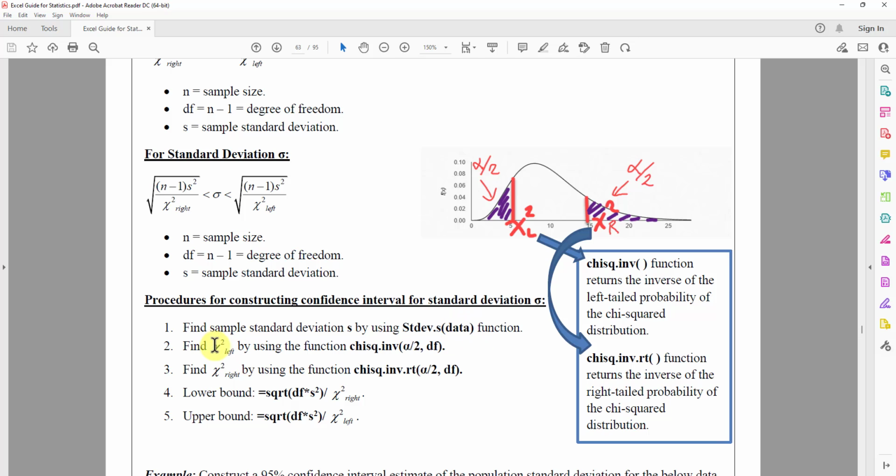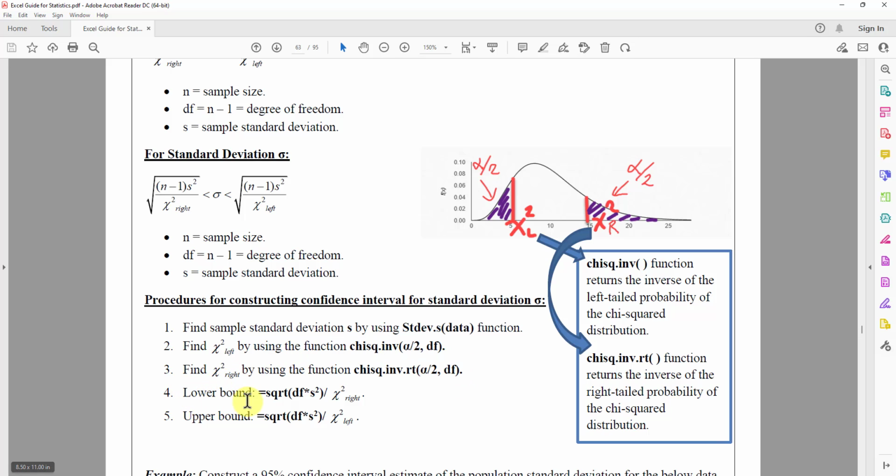And then to find the chi-square of the left tail, we use the function CHISQ.INV, and then we input the area, which is alpha over 2, and then comma, the degree of freedom n minus 1. And then to find the right chi-square, we use the function CHISQ.INV.RT, and then alpha over 2, and then comma, degree of freedom.